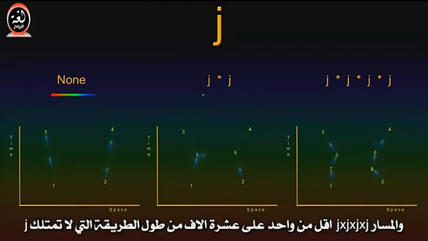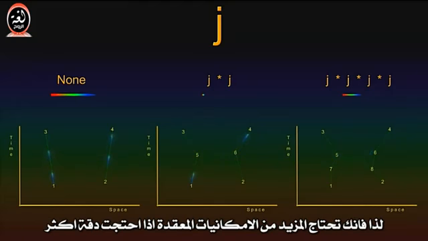And the J times J times J times J path is less than 1/10,000th as long as the no-J method. So you only have to go to the more complicated possibilities if you need increased accuracy.